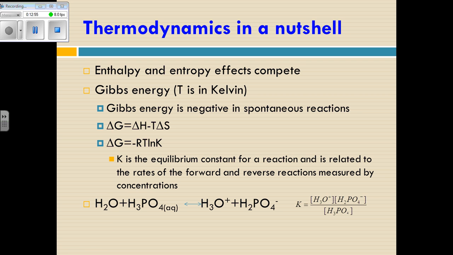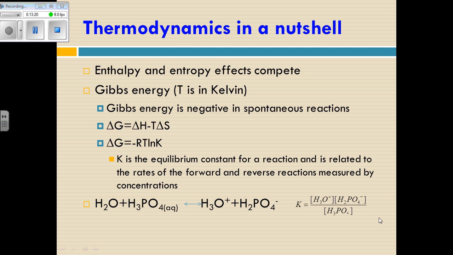We only include aqueous states, so dissolved salts, and gases. We never include pure liquids or pure solids in an equilibrium constant. So oftentimes we even leave the H2O off of the dissociation expression because it doesn't actually play into the equilibrium constant. That's just to help balance it and show you where things come from.